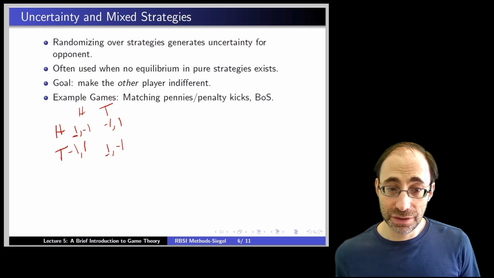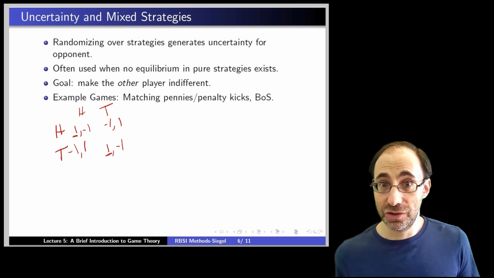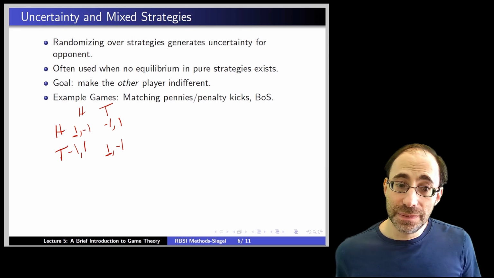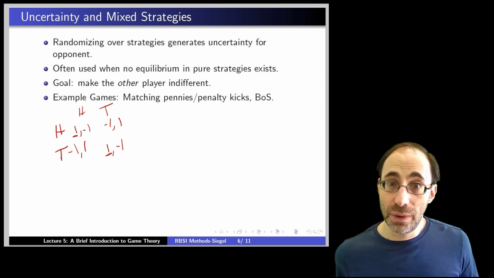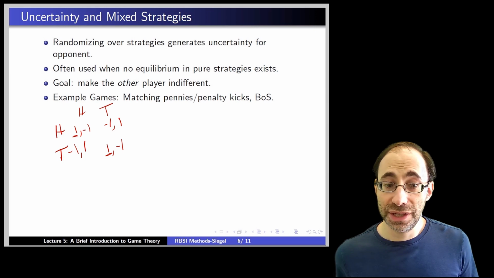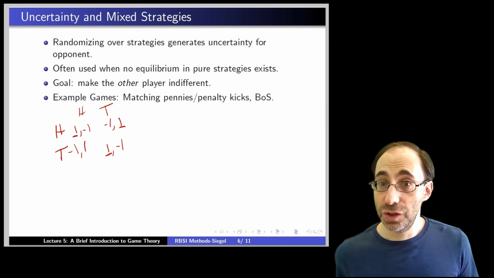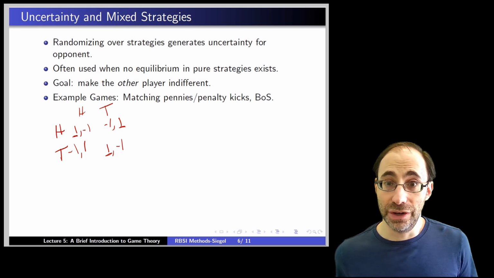Well, tails, because in both cases player 1 wants to match the strategy of player 2. Now let's do the player 2 best responses. If player 1 chooses heads, player 2 decides between -1 or 1 and will choose tails. Similarly, if player 1 chooses tails, player 2 chooses between heads and tails, that's 1 or -1, and chooses 1.